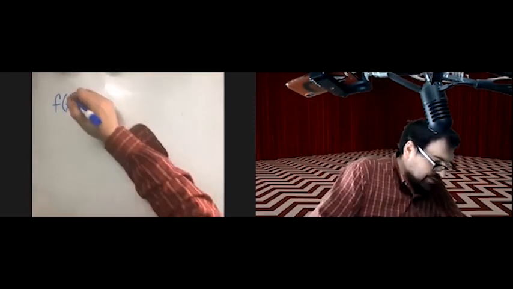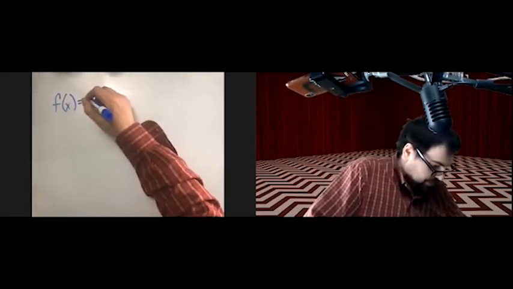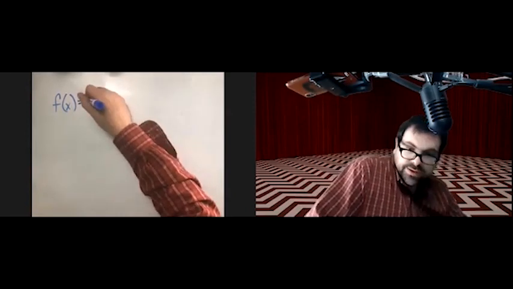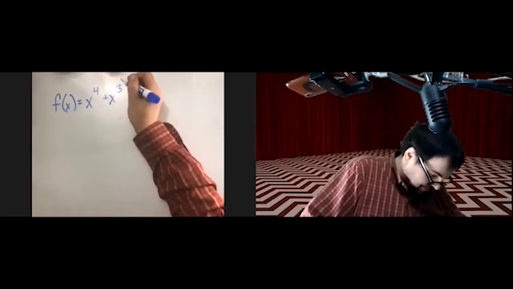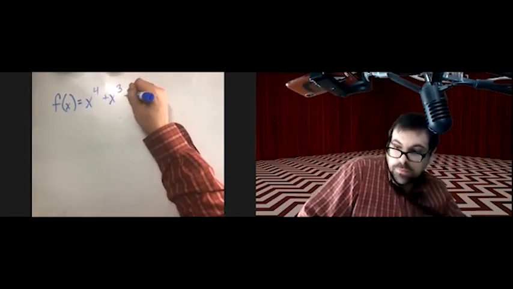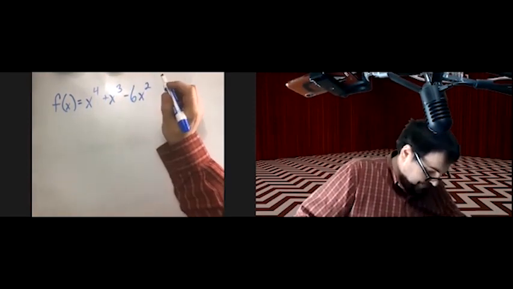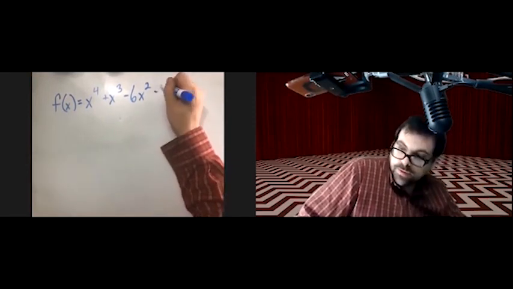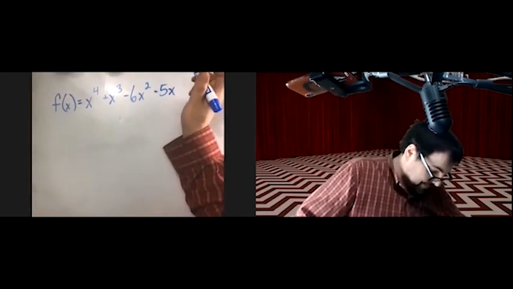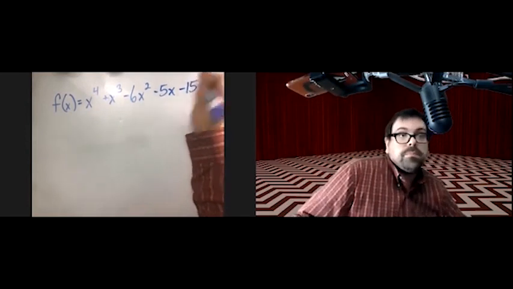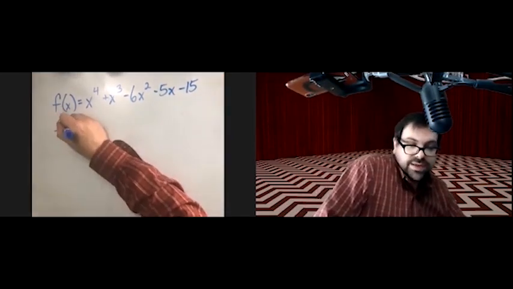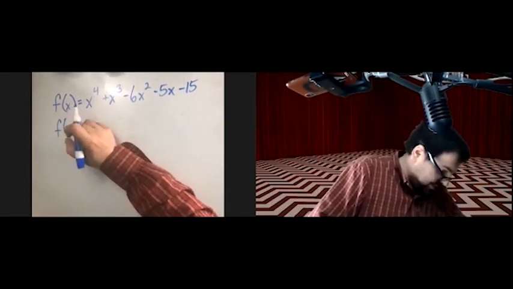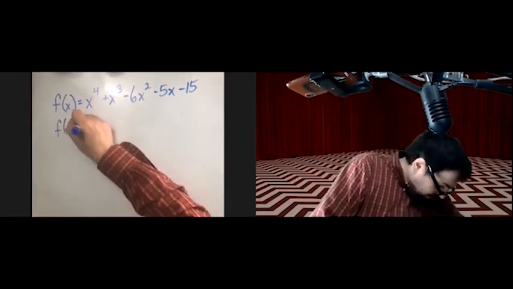F of x equals x to the 4th plus x cubed minus 6x squared minus 5x minus 15. Let's use the remainder theorem to find f of 5.